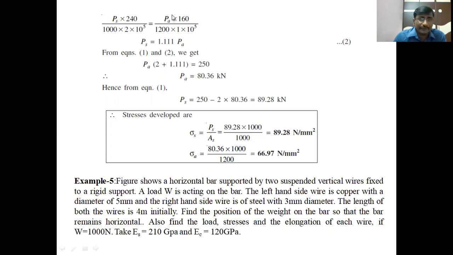Therefore, we can write PS in terms of PA. We get the second equation, PS is equal to 1.111 PA.